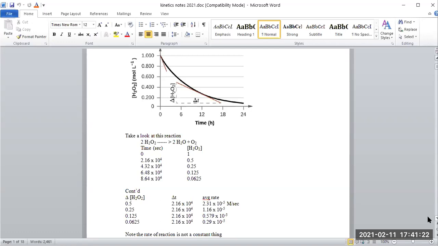In the beginning, when I first poured the stuff in the beaker, I had 1 molar. At about 6 hours later, so 2.16 times 10 to the 4th seconds, it's diminished to about a half. Okay, same time aliquot.